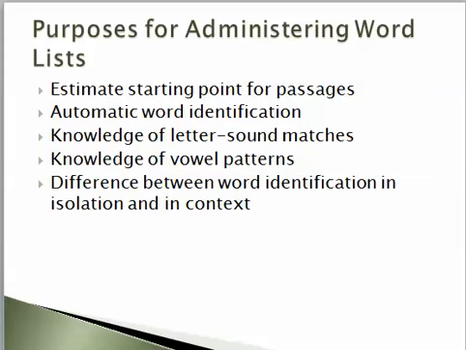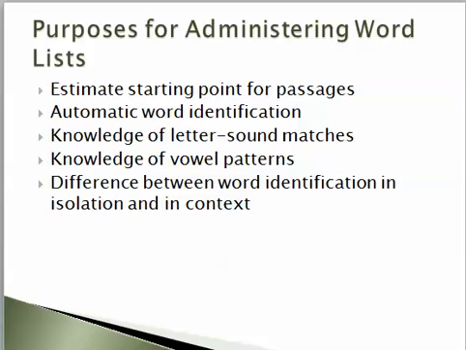The purposes for administering the word list are, first, to find out the passage point at which we will start. Which passage levels will we start at based on their success with the word list? Are students able to identify words automatically within that 1 second, which is what they should be able to do with these sight words?